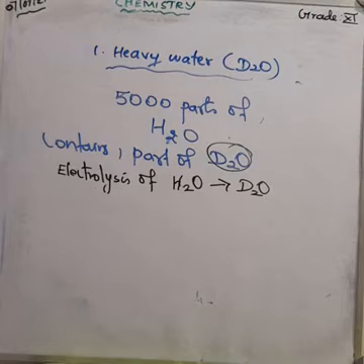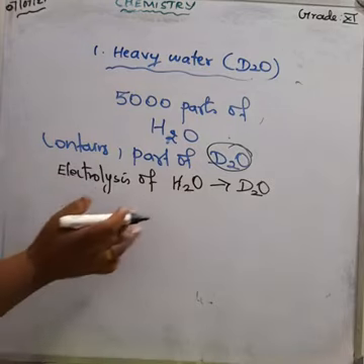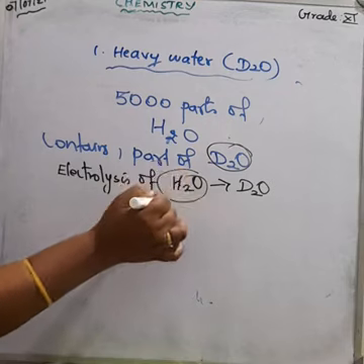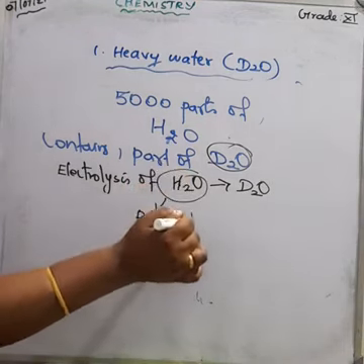It undergoes electrolysis with a light alkali. Okay, pure water does not conduct electricity. We know pure water, H2O, does not conduct electricity. So we add a slight alkali, such as sodium hydroxide.